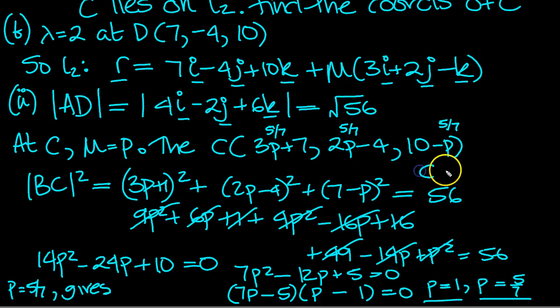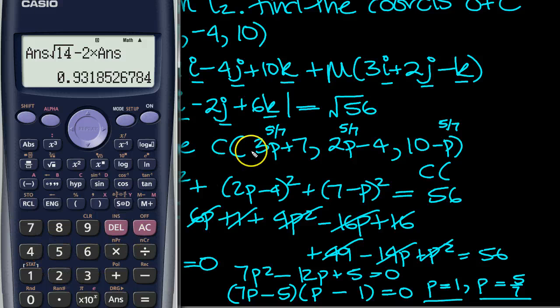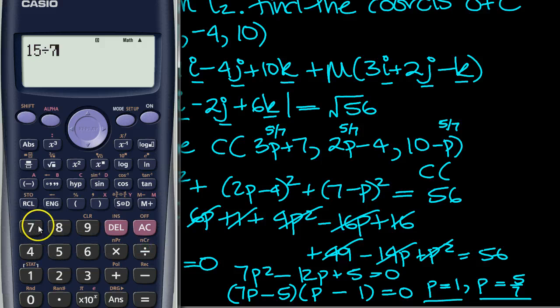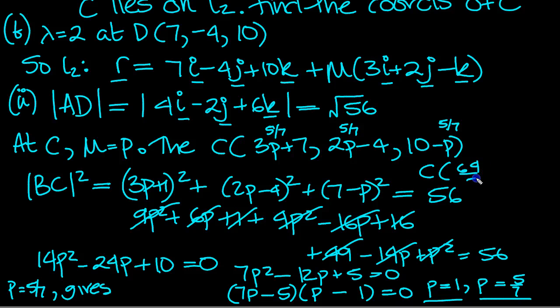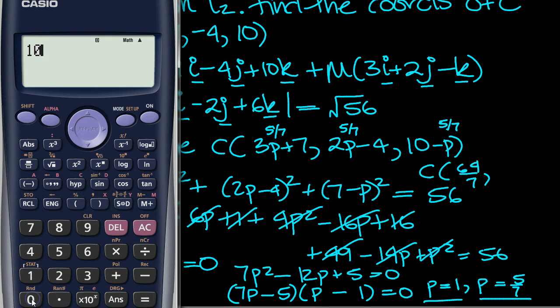I'm sorry about this, but I'm just going to write the coordinates in here. 3 times 5/7 is 15/7, so 15 divided by 7 plus 7. So I don't make a mistake, I've put it in the calculator: 64/7 is the first one. Then 2p is 10/7, so 10 divided by 7 minus 4 gives minus 18/7.